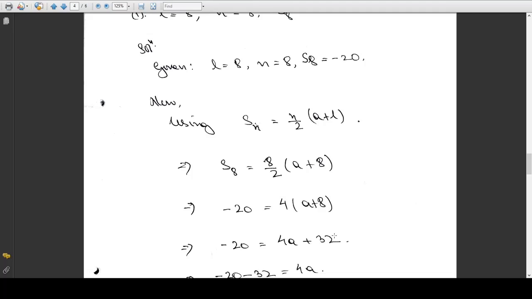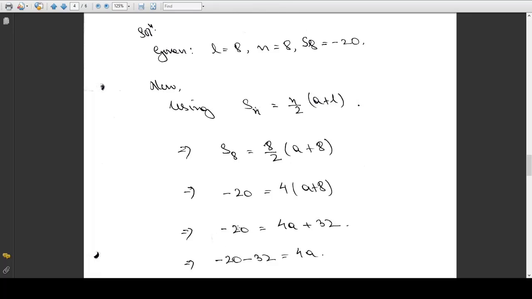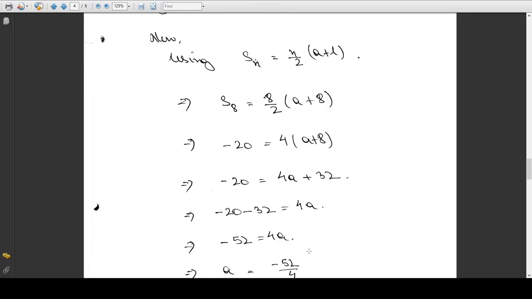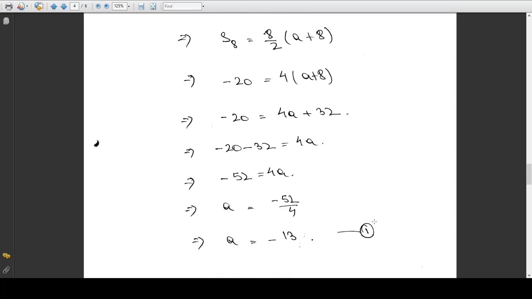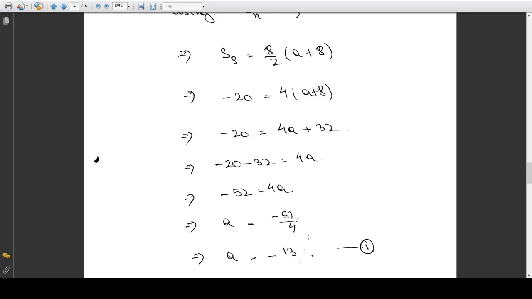This means you bring this 32 to the left: minus 20 minus 32 equals 4A. Minus and minus is plus 32, 20 plus 32 is 52, minus 52 equals 4A, therefore A will be minus 52 divided by 4, which gives us A to be minus 13. Okay, if A is minus 13, then D also we have to find out, isn't it?